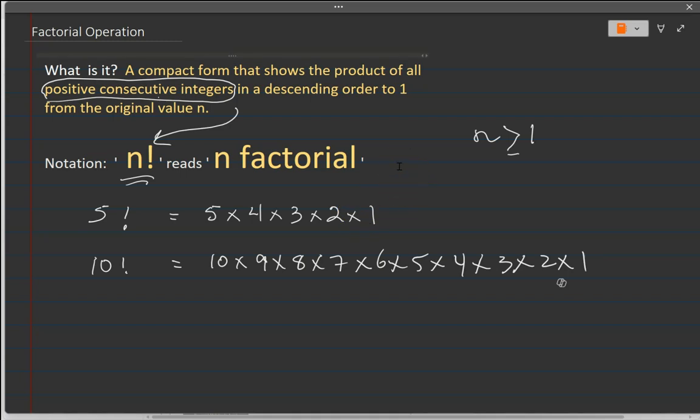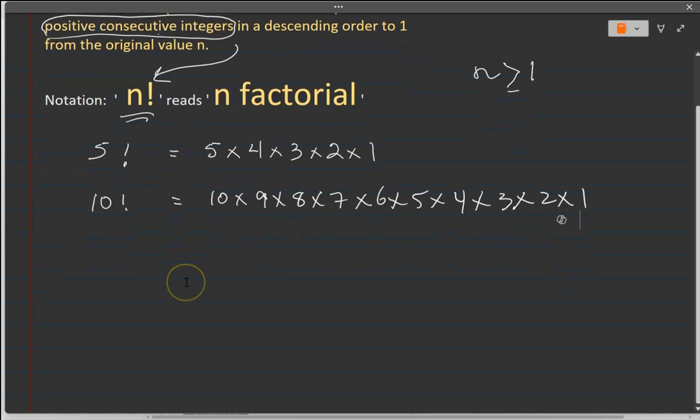The same as exponent laws, a repeated multiplication that we use exponent laws for, and also scientific notation. That's another one where we use a compact form to make things visually more appealing and easier to work with. So notice that this thing is just ugly. I mean, who's going to do this? Now, imagine if this was 100 factorial. Oh, goodness, right? So we don't want to do that.